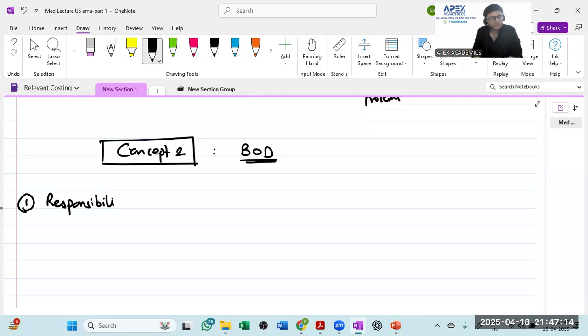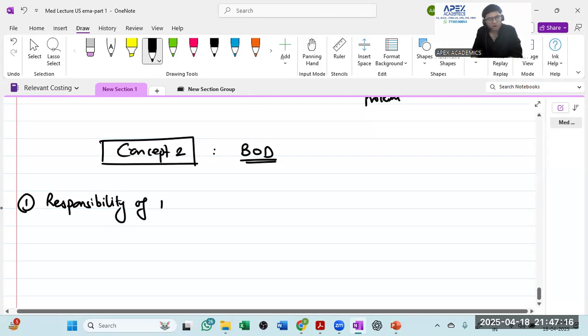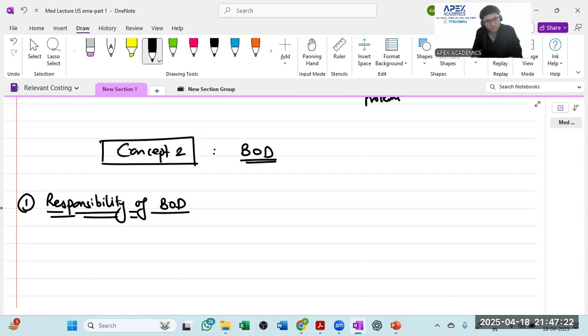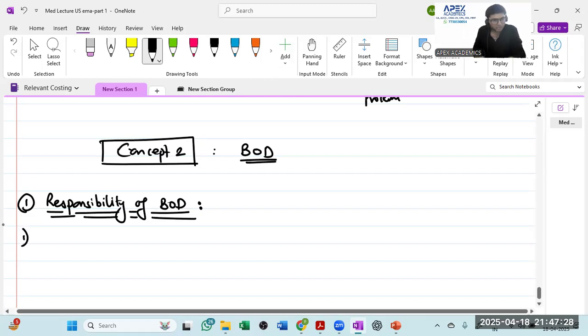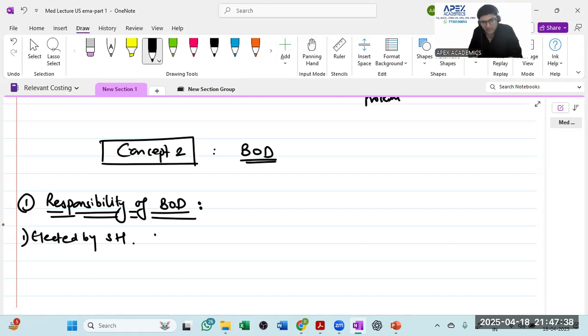Responsibility of board of directors. Sir, number 1, the board of directors are elected by the shareholders.